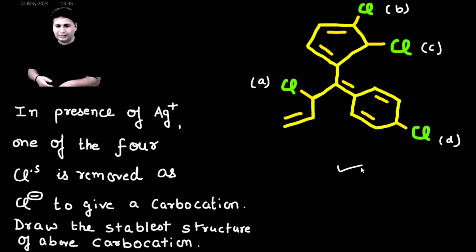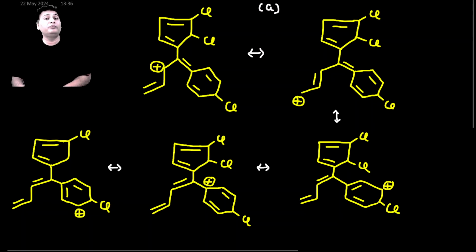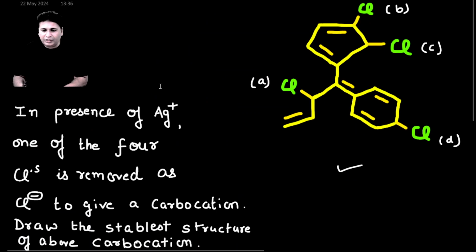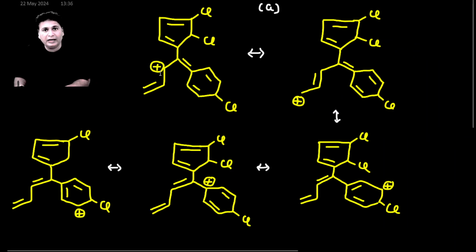Okay, so let us try to remove one by one. Let us make the carbocation and assess the stability of the carbocation. So first of all, I am going to remove the chlorine number A. As you can see from your question, this is the Cl I am going to remove, and I have removed this Cl as Cl-.